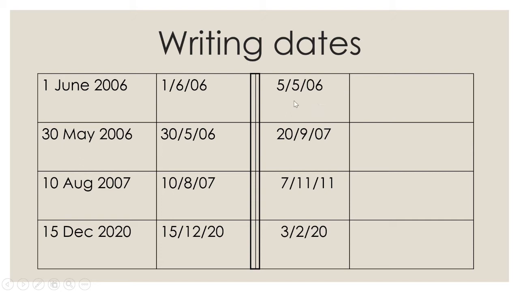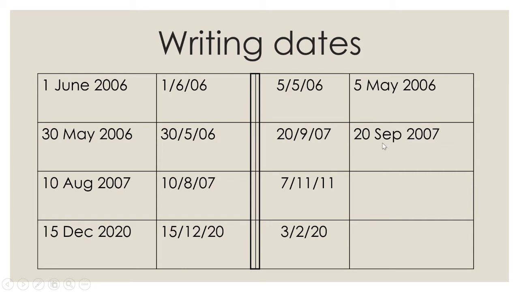Okay, now if the date is written in this manner, how will you write it in words? Let us see. This 5/5/06 is 5th May 2006. 20/9/07, the 9th month is September, so this is 20th September 2007.